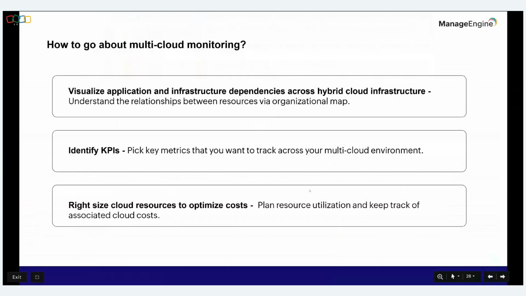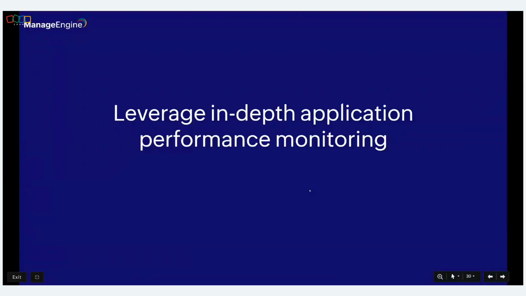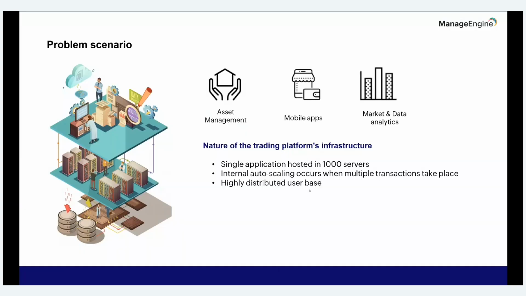So we have had a good discussion about the database monitoring and how it impacts the cloud infrastructure. So the major topic for today is going to be the application monitoring. How we are going to gain some insight about in-depth application performance monitoring. Let's take an application.